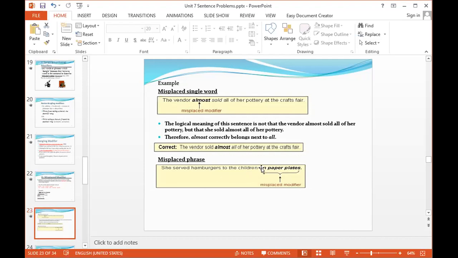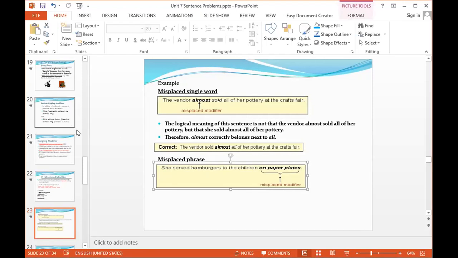So how do we correct it easily? Scissor hamburger on paper plate to children. Like that. When you want to correct a misplaced modifier, just move the modifier to the place that you want to modify, not put it in the wrong place like this.